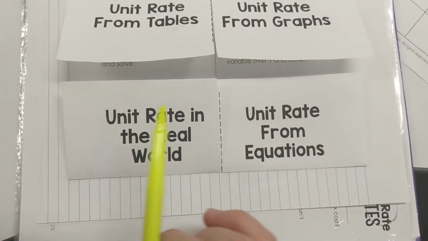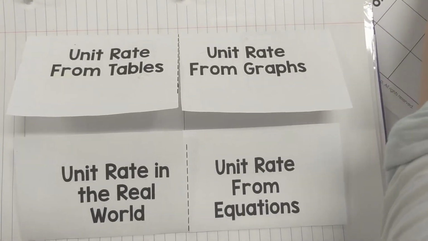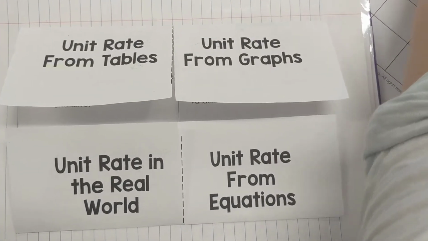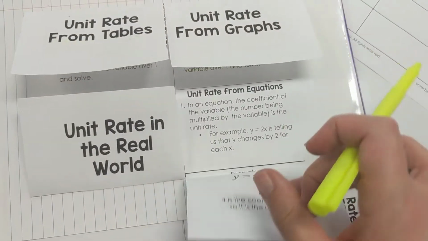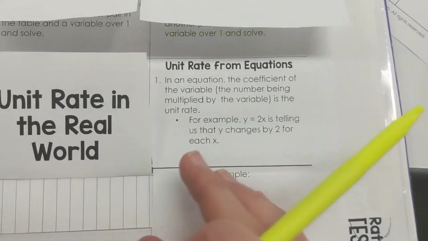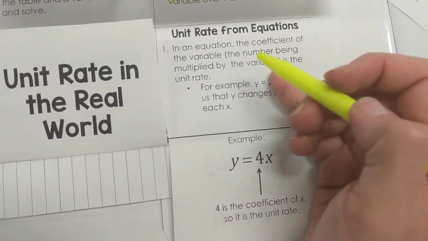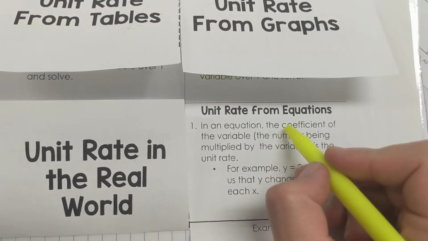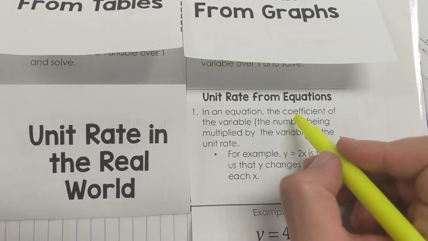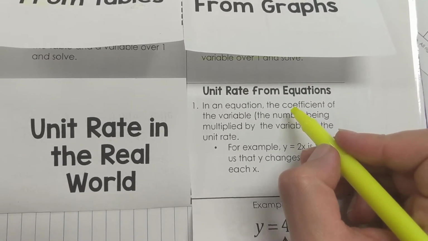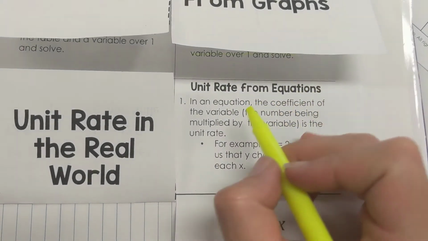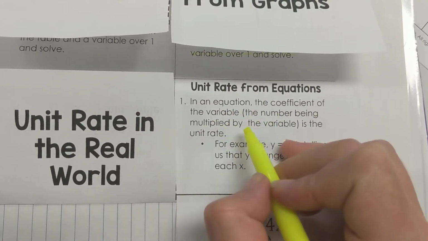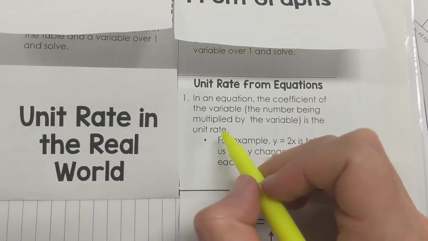Right, so going into here first, unit rate from equations. Before I do my real world, finding the unit rate from equations, you have one method. In an equation, the coefficient, we've talked about that being a fancy name for the number next to x. The coefficient of the variable, the number being multiplied by the variable, is the unit rate.